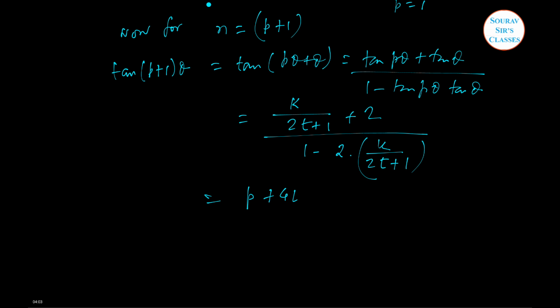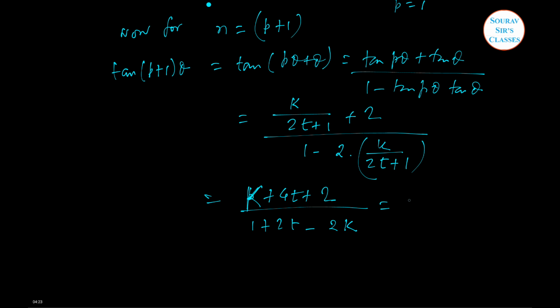So the numerator is k plus 4t plus 2, and the denominator will be 1 plus 2t minus 2k, over this thing.